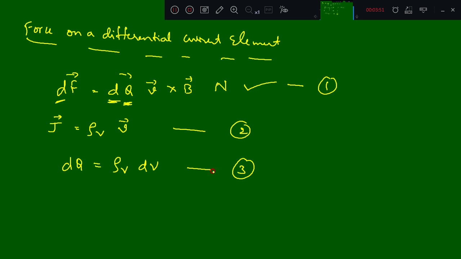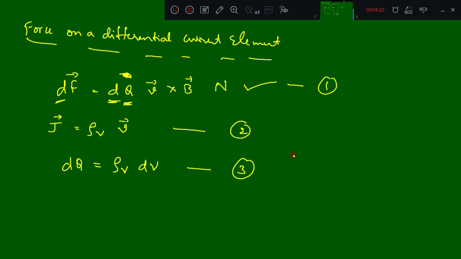Now substituting the value of dq, this is not a vector, this is the differential charge, and the vector is the velocity.